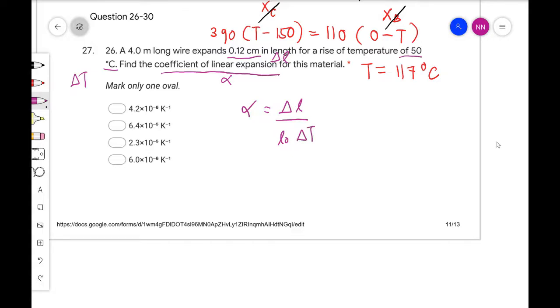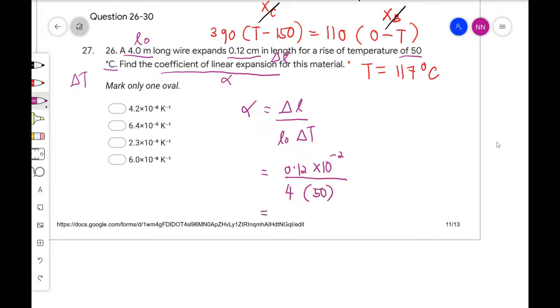So substitute delta L. Delta L is 0.12 cm, so you have to convert to meter and divide by L naught. L naught is 4 meter. And then times delta T. Delta T is 50.